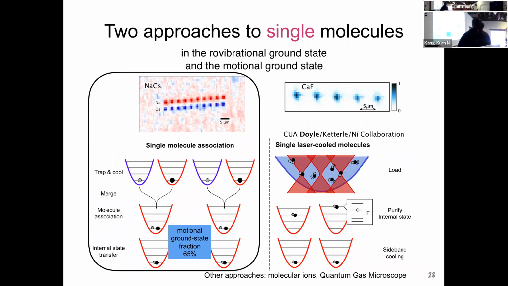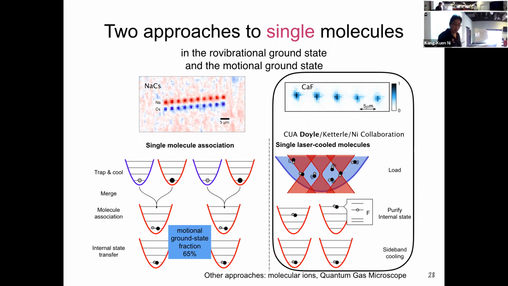Okay, so that's what I wanted to say about these molecules that we assemble from single atoms. And I want to use a few slides to also talk about these calcium fluoride molecules, which is work done in John Doyle's lab.